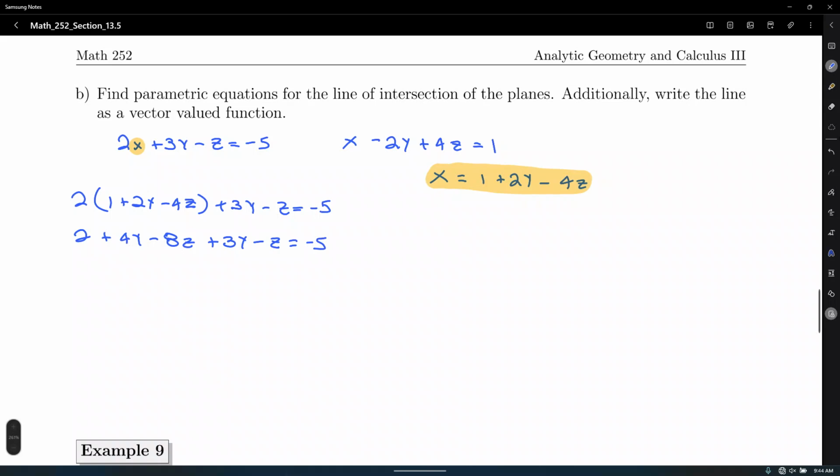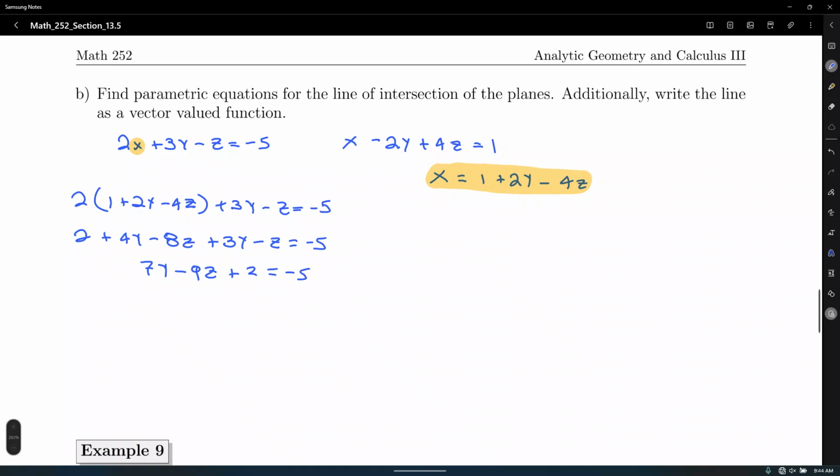That's 4y plus 3y, that's 7y, minus 9z, plus 2 equals negative 5. So I'm going to solve for y here.